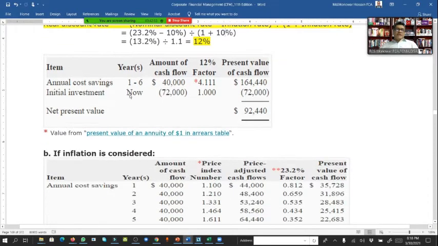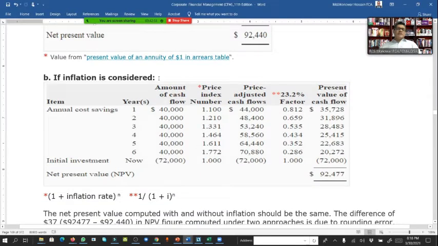So this is not considering the inflation. Now if inflation is considered, what would be the result? Look here, which is very interesting. Sometimes both are the same. Annual cost saving, year 1 to 6, amount 40,000. The price index number is 1 plus inflation rate.